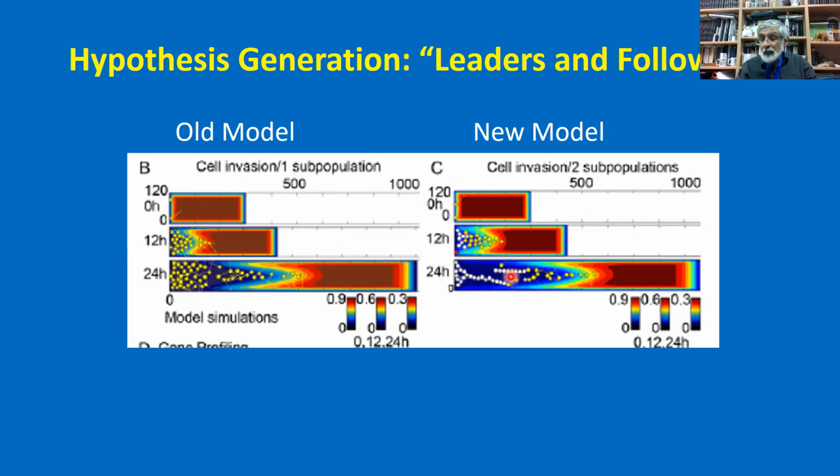And then they would be dragged along. So she proposed, could there be two cell types? One that senses the chemotactic gradient and moves up the gradient, the other that sticks to the cells at the front.